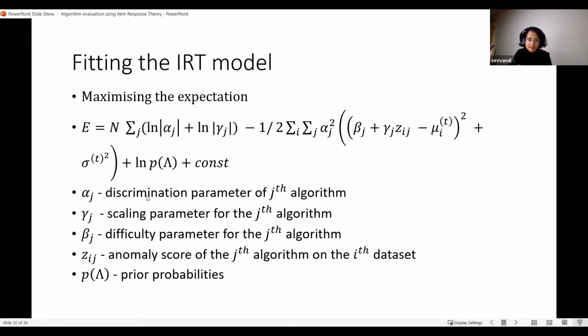So here alpha is the discrimination parameter for the jth algorithm, gamma is a scaling parameter so that the probability density function adds up to 1, beta is the difficulty parameter, and zij is not the anomaly score, it is the performance score. Yes, that's a typo. And then you have these prior probabilities that you get.